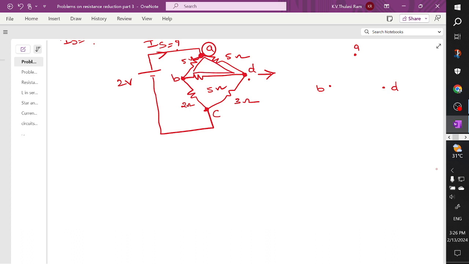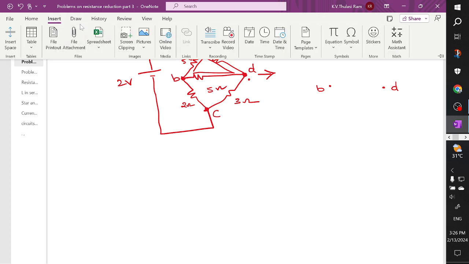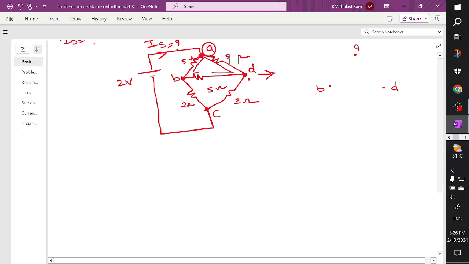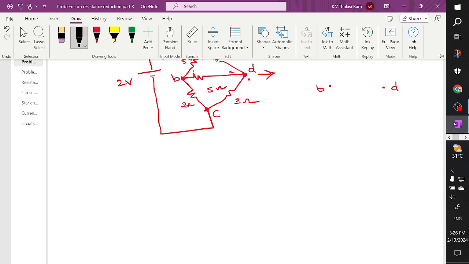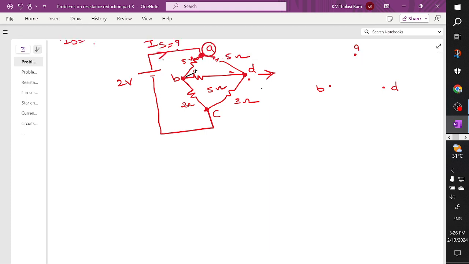So we need to find the equivalent star. So how to find the star? So we are trying to find the star. So I am going to replace like this, this shall act as a neutral, and this branch also, and this branch. So here I'm going to get the black colored branches I required, one more branch, and this is one more branch, and this will act as a neutral.